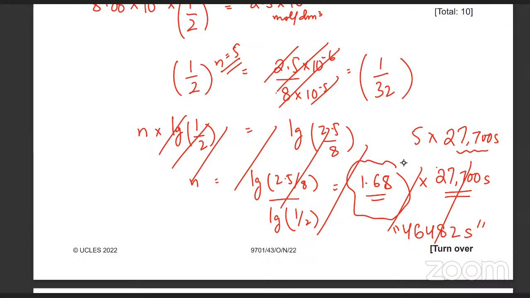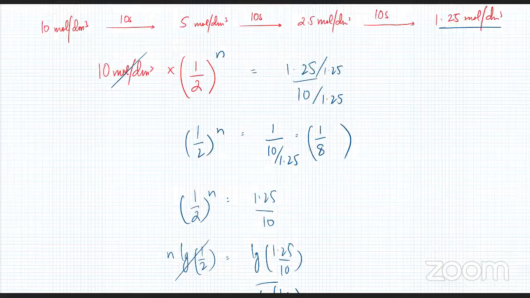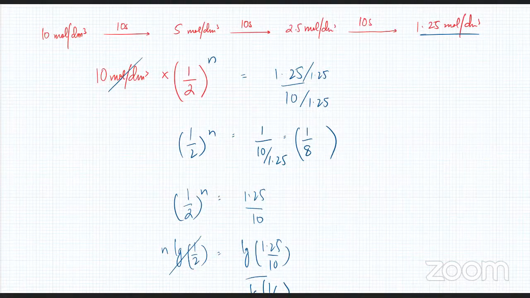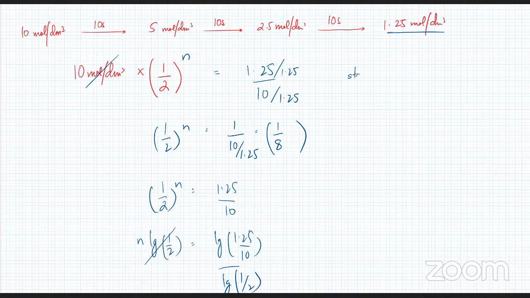Sir, yes sir. Can you show the formula that you wrote? I'll write out this formula. Basically the formula is starting concentration multiplied by half to the power n, and the concentration you're looking for is the final concentration.